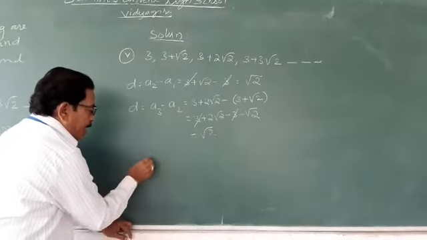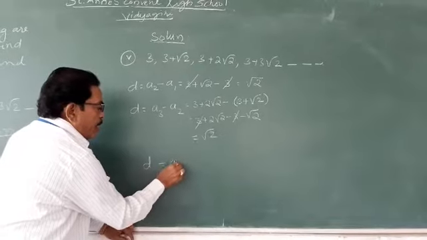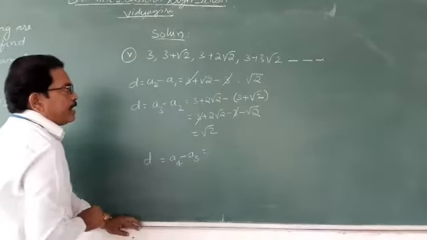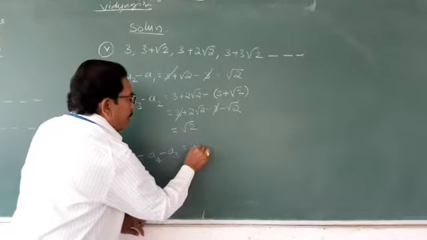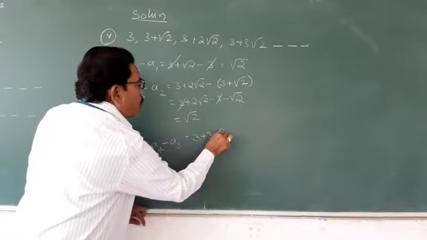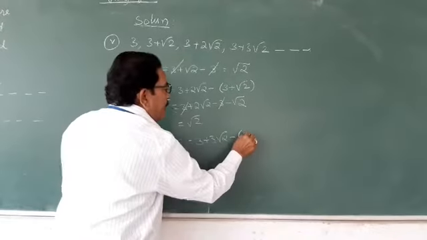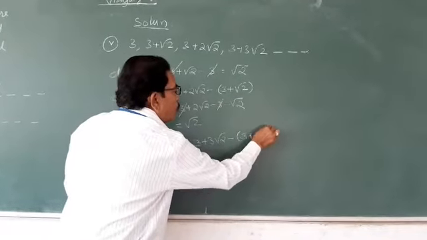Then in the third case, d equals a4 minus a3. That is a4, 3 plus 3 root 2, minus a3, 3 plus 2 root 2.